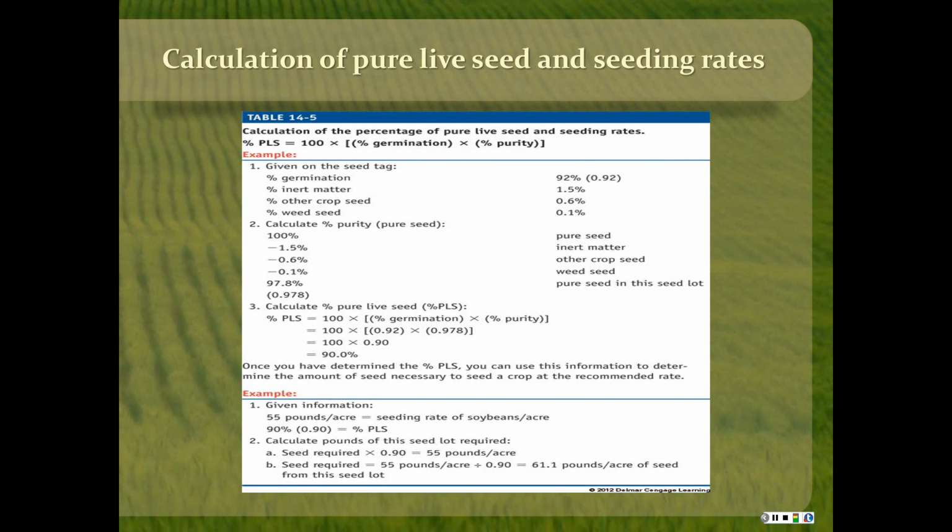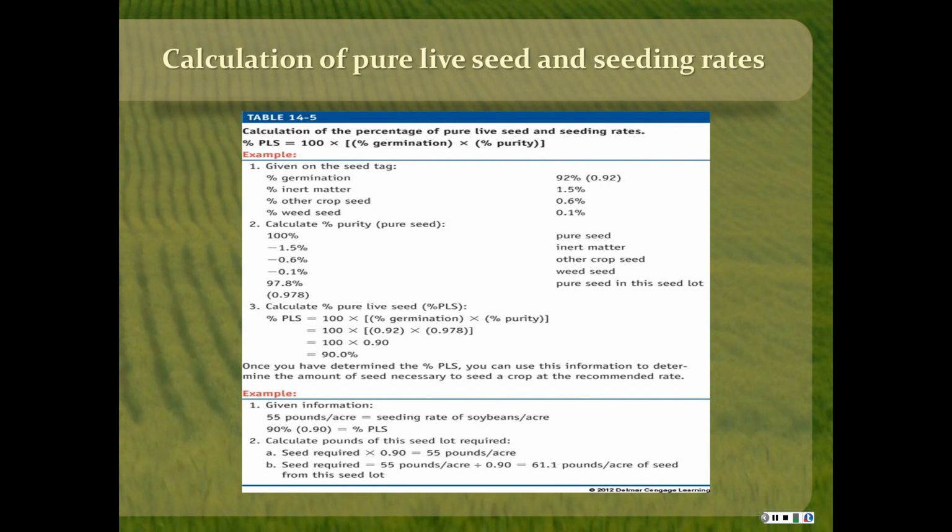The percentage of germination is given on the seed tag, and also how much inert matter and other crop seed and weed seed is contained in there. So you just subtract all the inert matter and other stuff that isn't crop seed from 100%, and you get the amount that is actually pure seed. In this case it's about 97%.